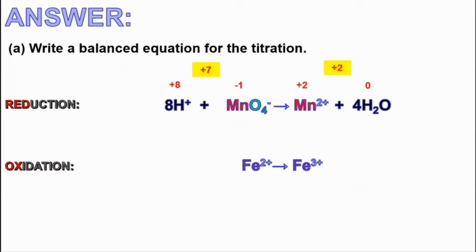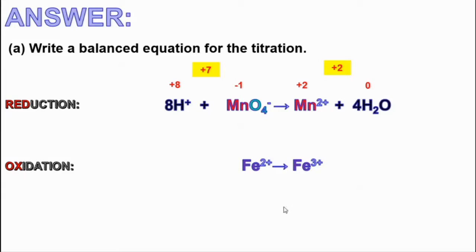So the charges are not balanced on both sides, and we need to add electrons. Which side should we add the electrons? Yes, on the left side. So how many moles of electrons need to be added?